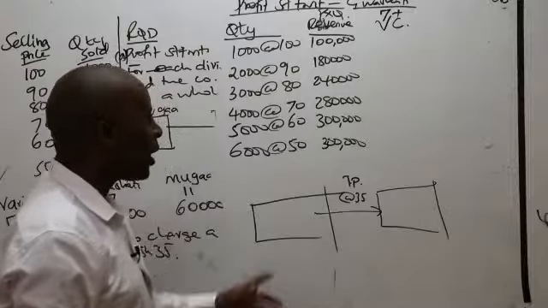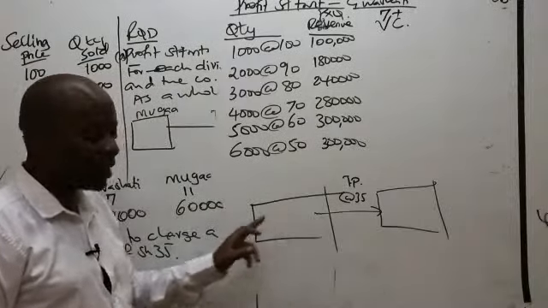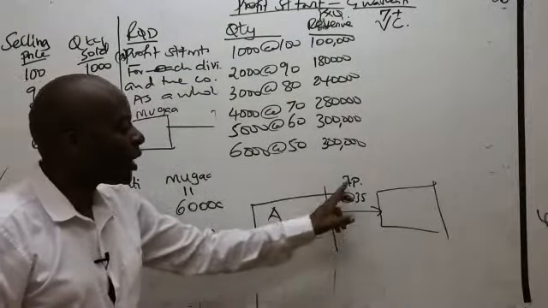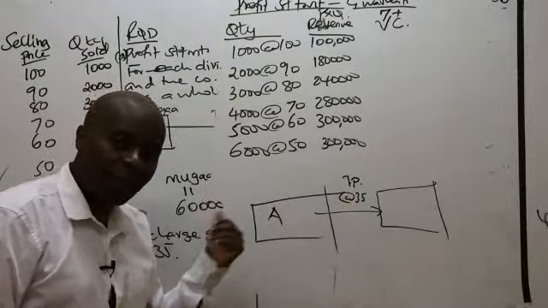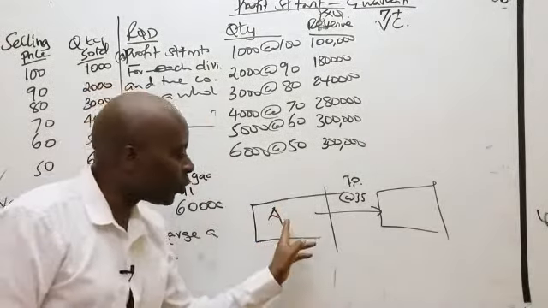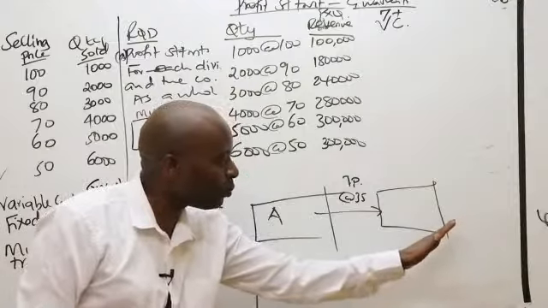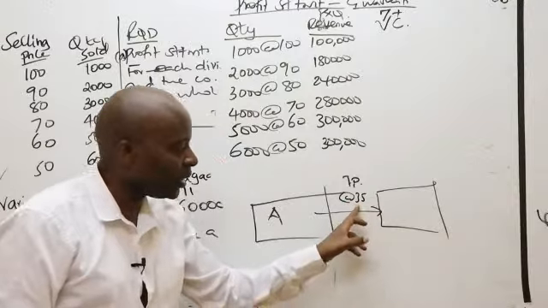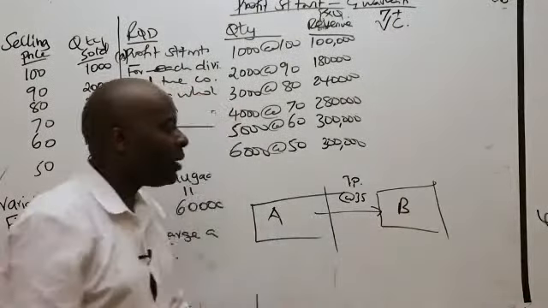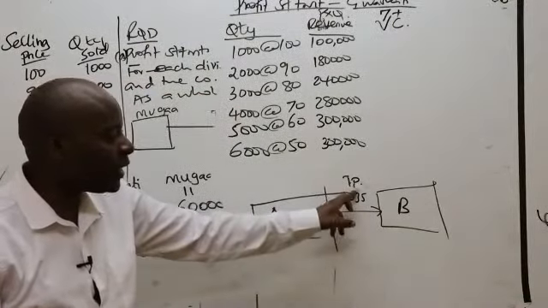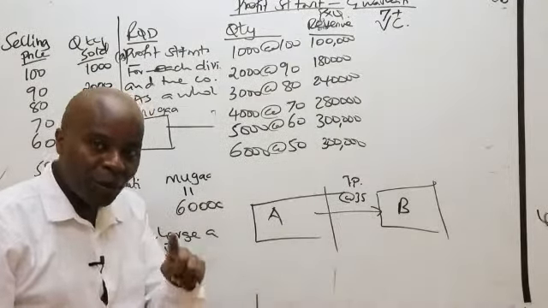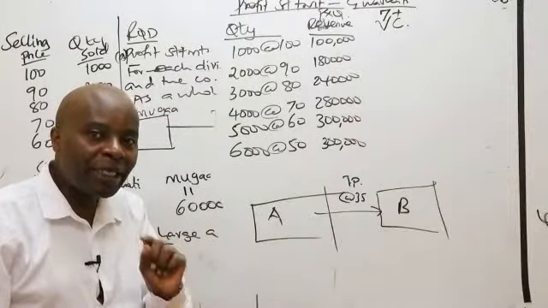If I'm doing an income statement for the first division, A, Muga, the transfer price of 35 will be taken in as a revenue because they are transferring goods to the sister department. But division B will view this transfer price as a variable cost because they are paying. It's variable because it is normally given on a per unit basis.